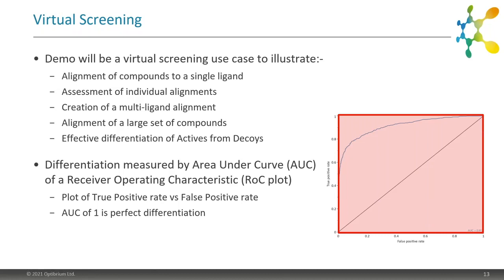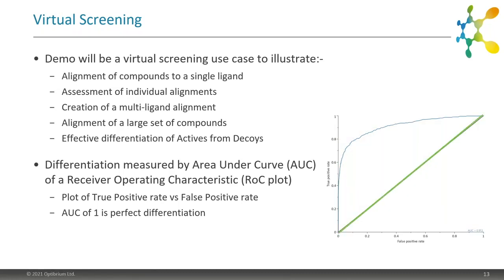That's perfect differentiation. If we were random, then we would find actives at the same rate as decoys, and therefore we would follow this path. And of course, the area under that curve is a half. So what we're looking for are values close to 1 and certainly not at 0.5.